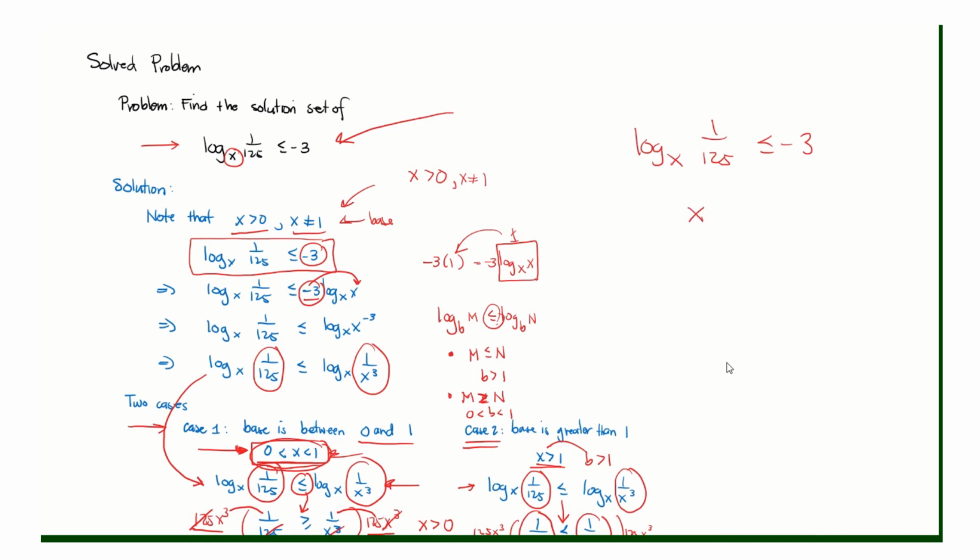You might think of just converting it to exponential form, x raised to negative 3 less than or equal to 1 over 125. Okay, so the problem with that, as you can see, is it doesn't include all the possible solutions, because this is just the case of 1 over x cubed less than or equal to 1 over 125. So do not do that.